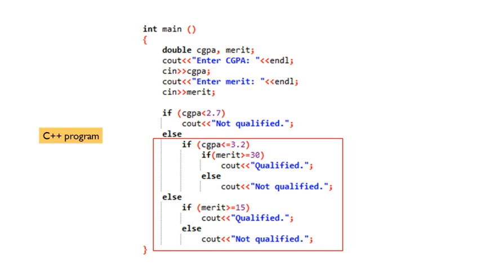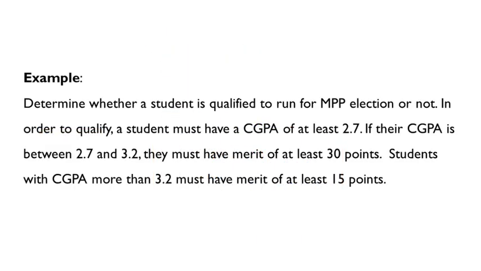So first here, the student user needs to input the CGPA and the merit. As you can see, the second sentence of the question is stated here, the student must have at least 2.7 in order to get the election.